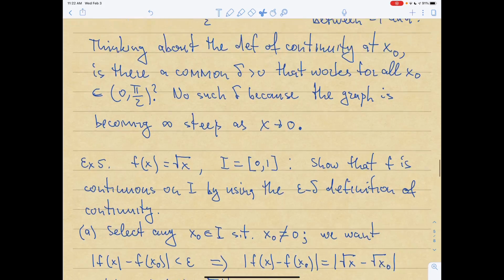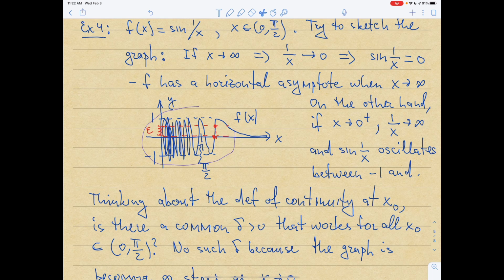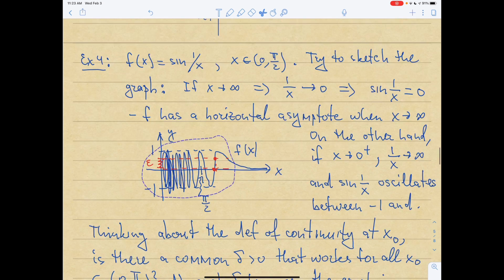In the previous case, number 4, f of x is still a continuous function, but it is a continuous function on an interval from 0 to pi over 2. Now it's an open interval because 0 is not included here. And in fact, I will not be able to extend this to a continuous function on the closed interval from 0 to pi over 2.